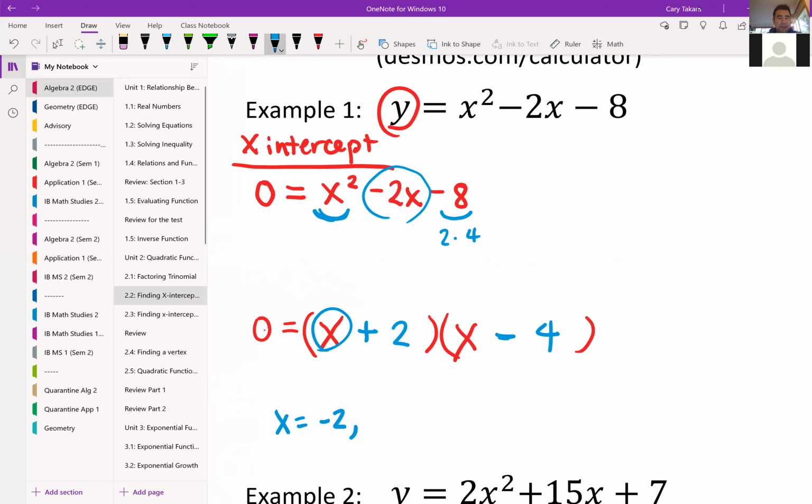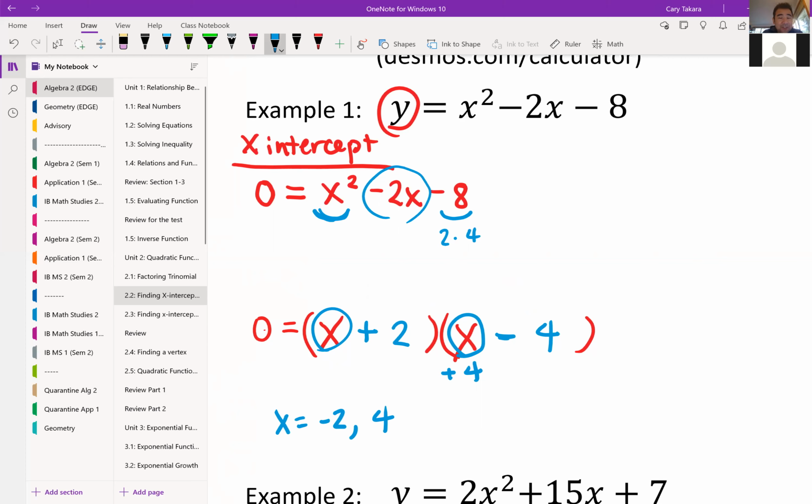But for the same reason, you can also think of the second parentheses, and you can insert positive 4 right here, isn't it? Because positive 4 minus 4 is 0, and then 0 times anything is going to be 0. So you have two solutions: negative 2 and positive 4. Yeah, very good, Madeline.